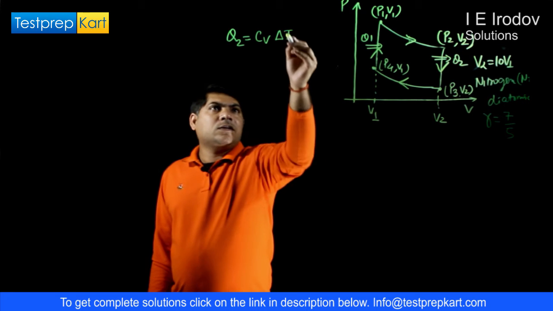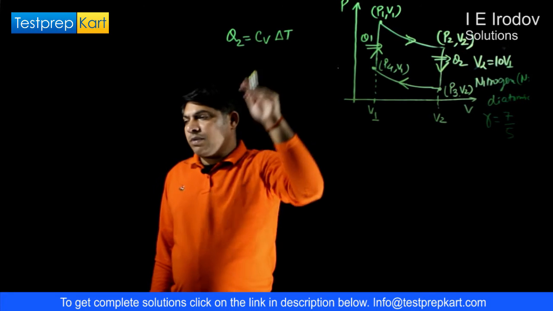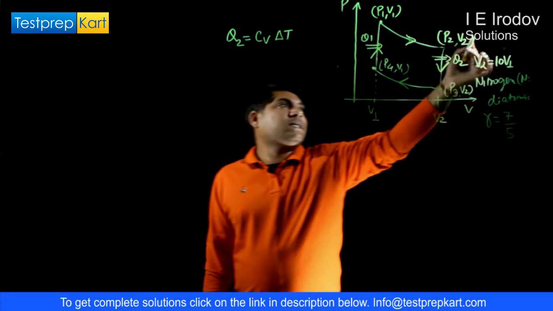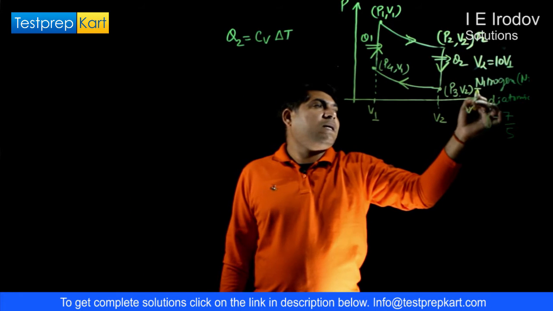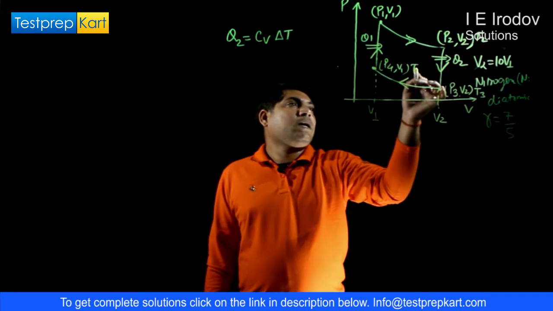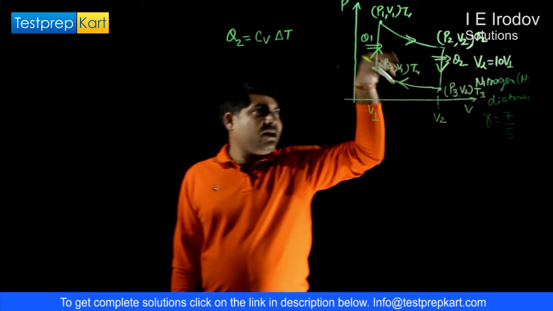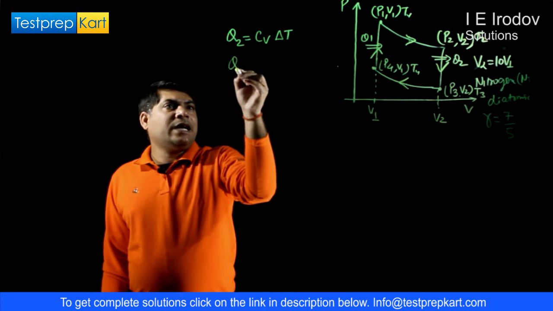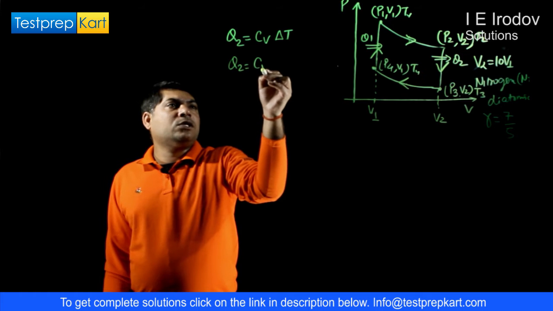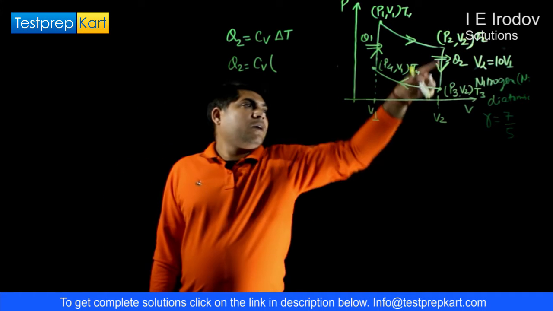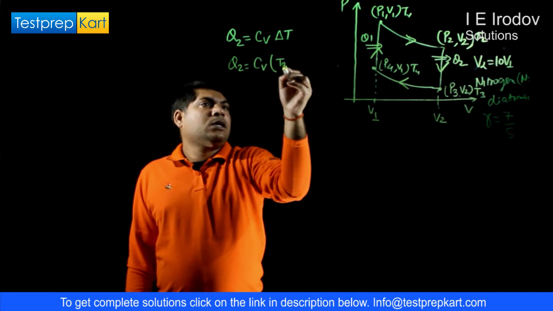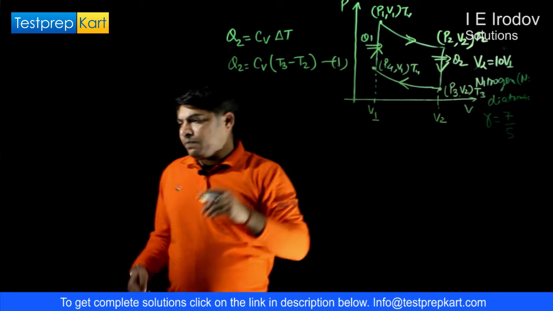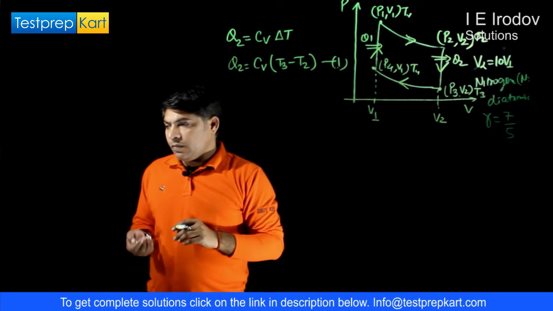Let's also mention the temperatures T2, T3, T4 and T1, because in an adiabatic process all variables change. So we can write Q2 is equal to CV times (T3 minus T2). This is our first equation.